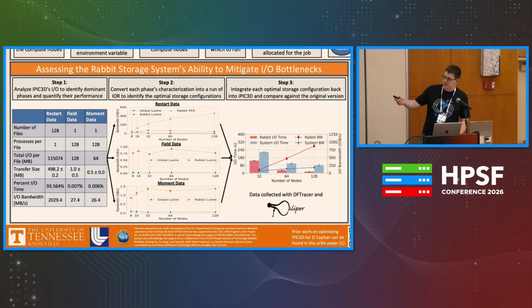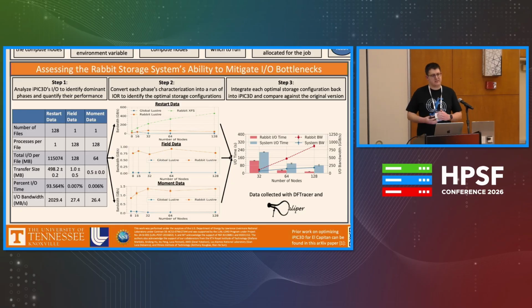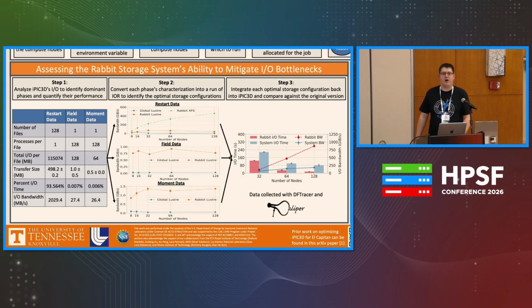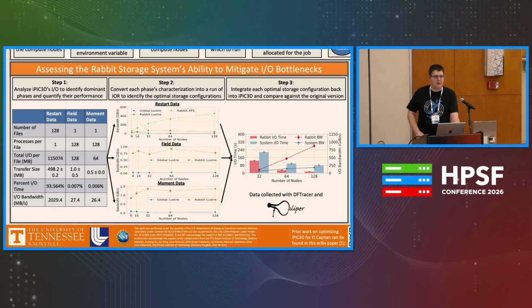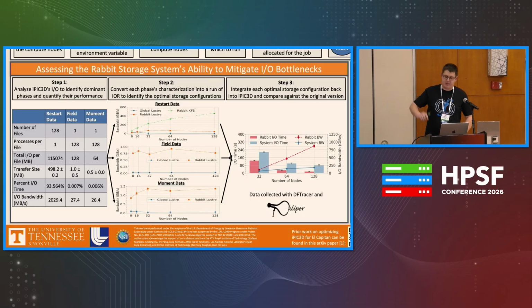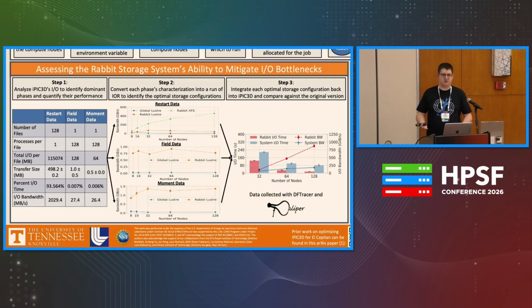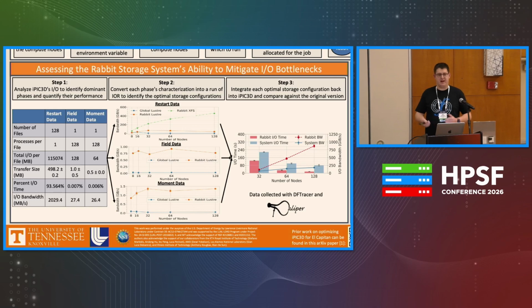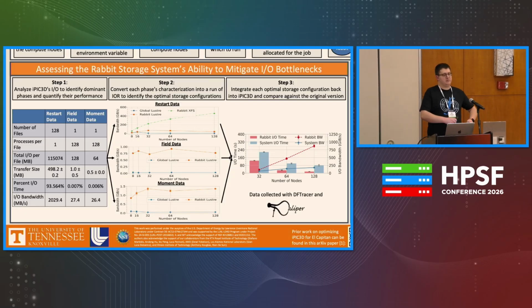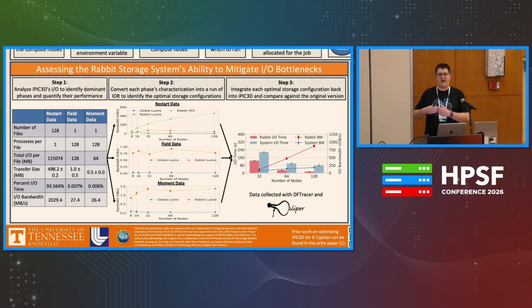So each column on the table here represents the characterization of a different phase of I/O. In step 2, we converted each phase, essentially each column in the table, into a configuration of the IOR benchmark and ran it against various storage solutions on the Tuolumne system, the smaller, more open version of El Capitan. And then in step 3, we integrated these results back into the application and compared against our original write everything to Lustre version.